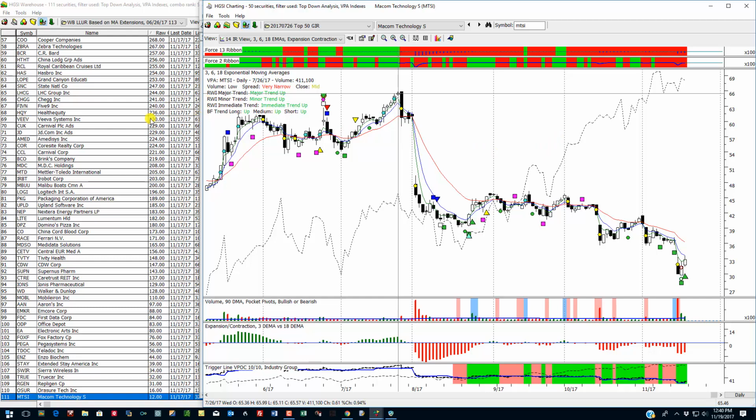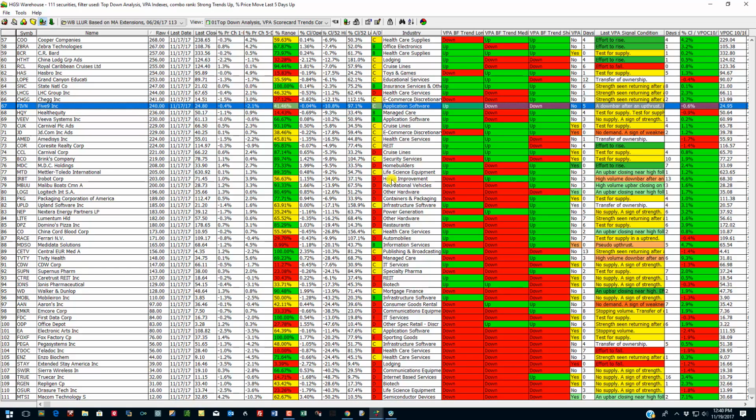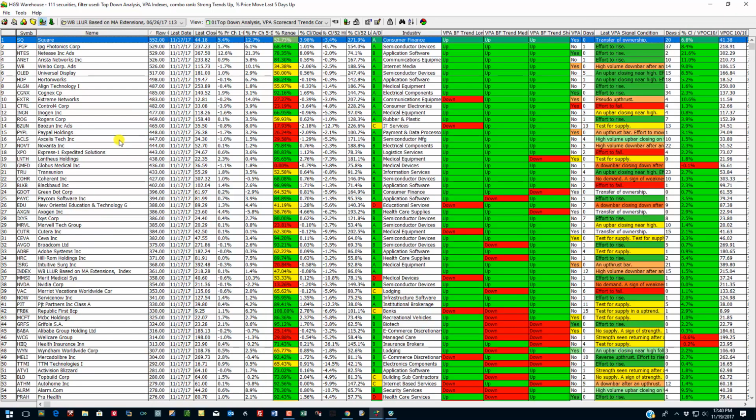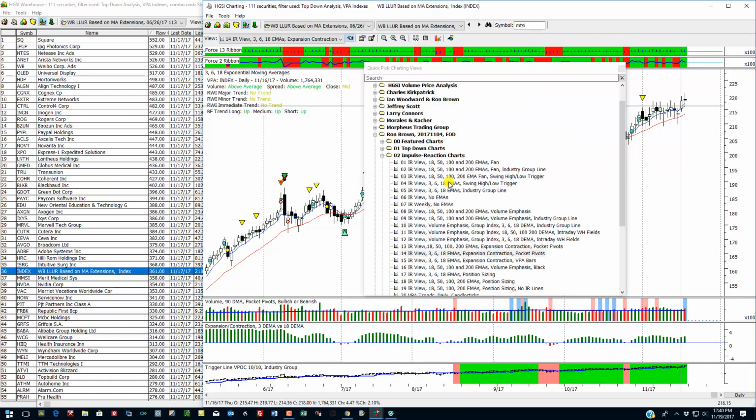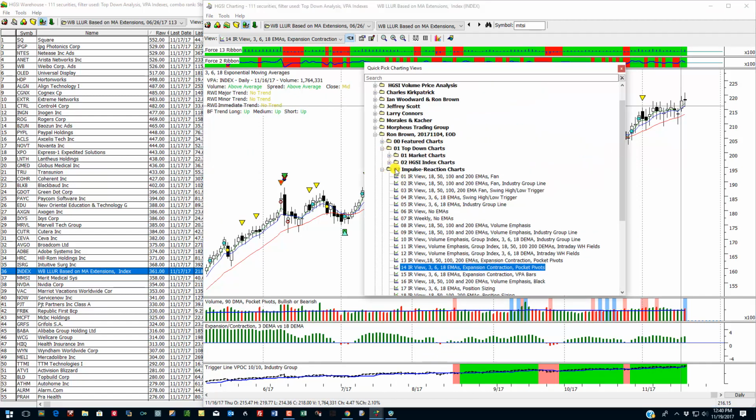So only the strong stocks in this LLUR group, from the looks of it, continued to appear in my groups. Anyway, I just want to point this out to you. I believe that this group of stocks is still valid as far as a market timing device because it has not rolled over.